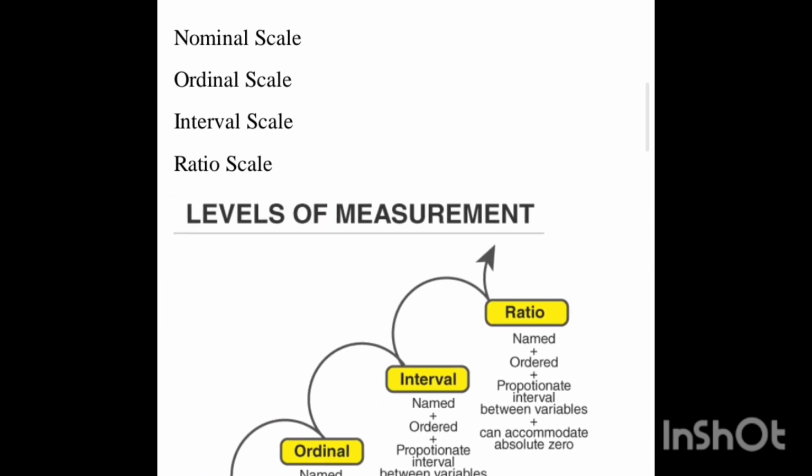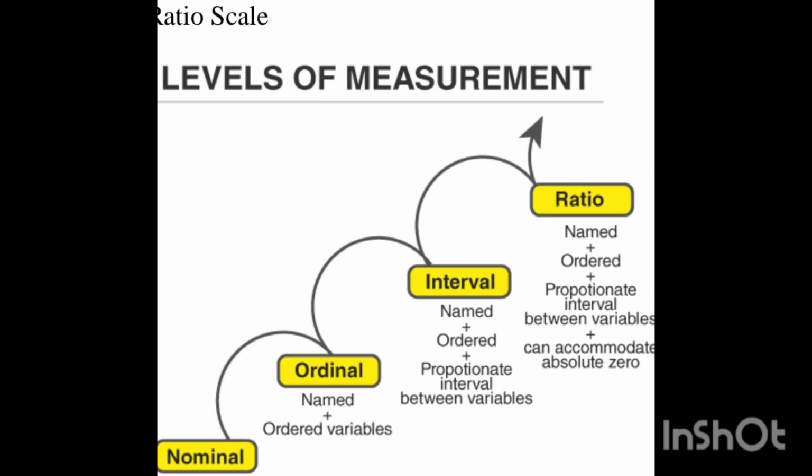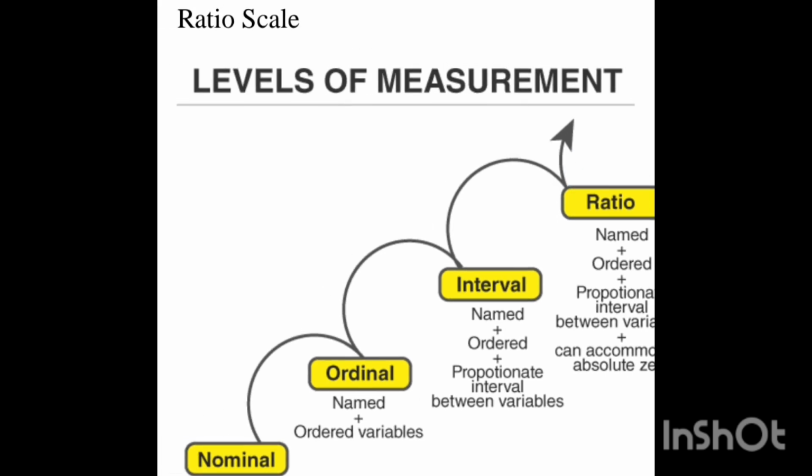Please look at this chart. You can easily understand and easily identify. Nominal means just naming the variables a, b, c, d, x, y, z, p, q, r, like that. If you give any rank to them, then that is called ordinal data. The numbers are involved here.